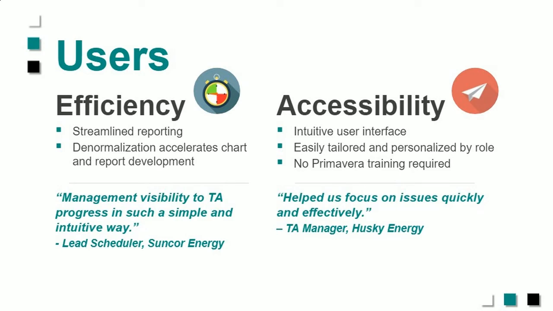Okay, so if you're in charge of the inspection crew, you know you're reacting to what's going on. You need a very simple way to mobilize your crew to different areas. Okay, so very efficient and accessible. It's very easy to understand the data, and it gets the issues focused and readily available.